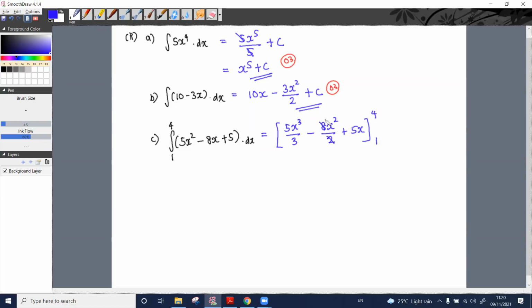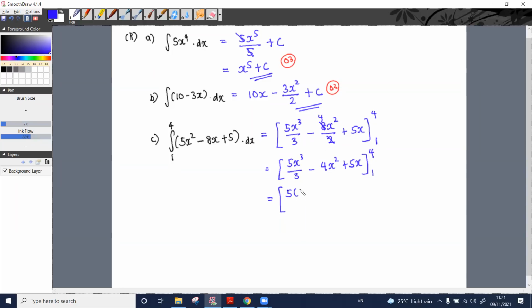But here, 8 to 2, we can further simplify. Then it becomes what? 5x to the power 3 over 3 minus 4x squared plus 5x. Upper value 4, lower value is 1. Then what we need to do? First, we need to substitute the upper value instead of x.